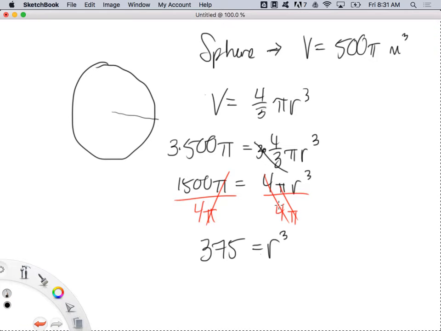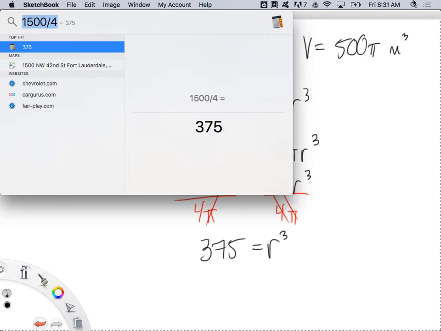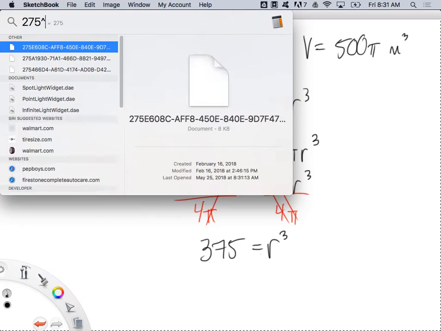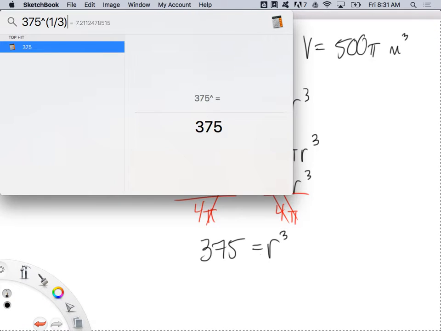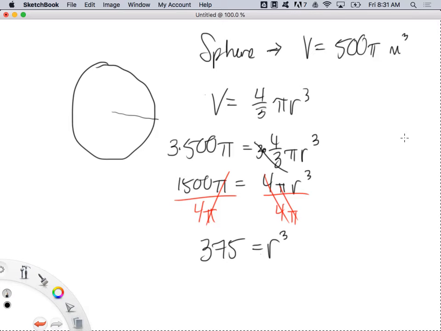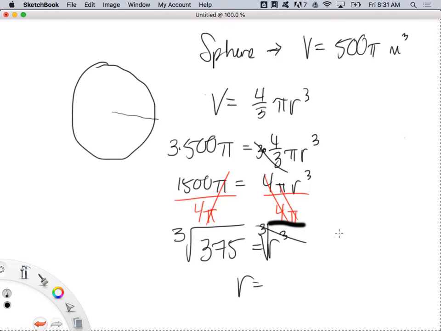But I'm going to go around and show everyone how to do the cube root on their calculator. The answer is 7.2 because I have to take the cube root, not just the square root. I take the cube root because that cancels that out and I get r equals 7.2. So pull out your calculator now and I will show you how to do the cube root.